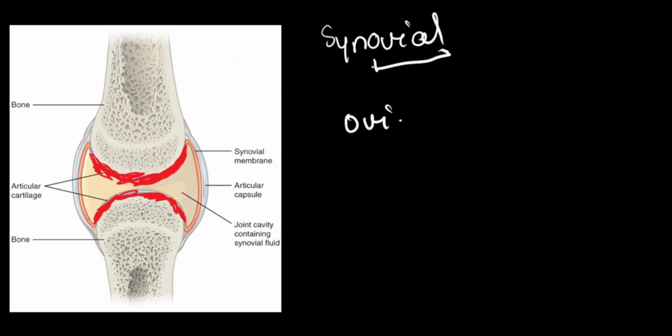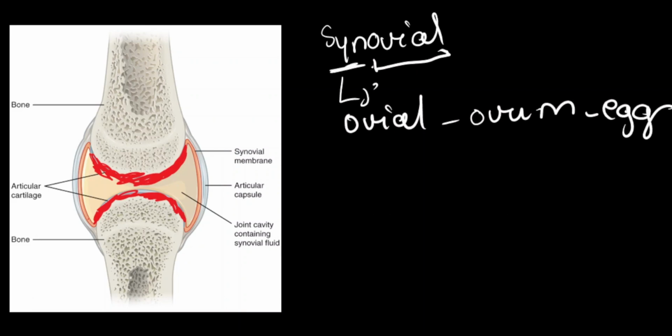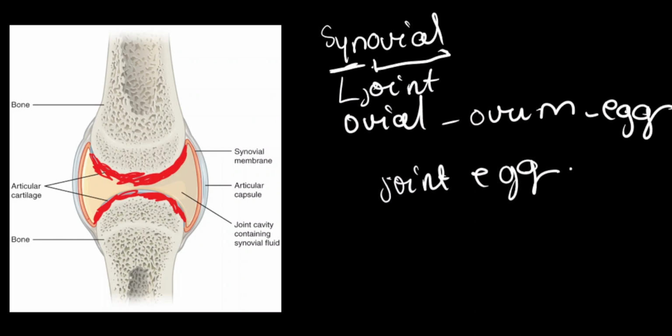Now taking a look at the term synovial: ovial relates to the ovum, and the ovum means egg. Syn means joint. Okay, so we have synovial meaning joint egg. Of course, so it makes sense that the consistency, kind of like the thickness of the synovial fluid, is of egg white.